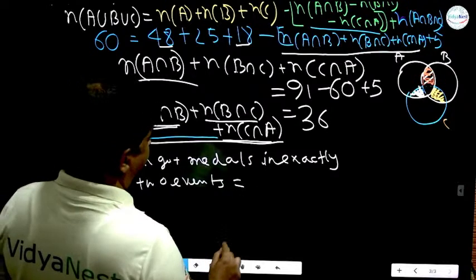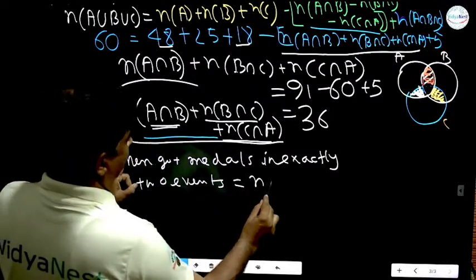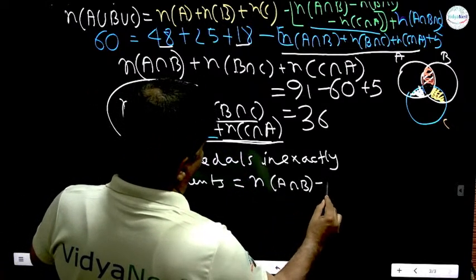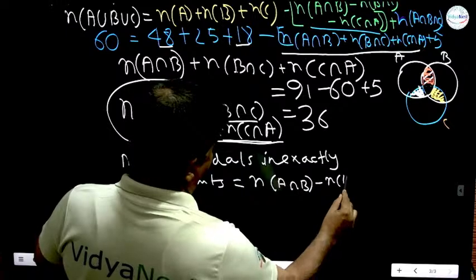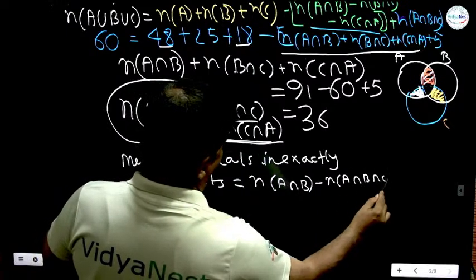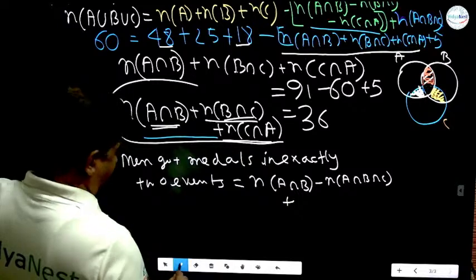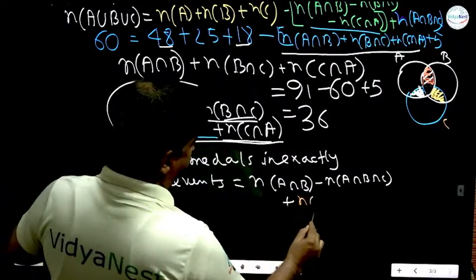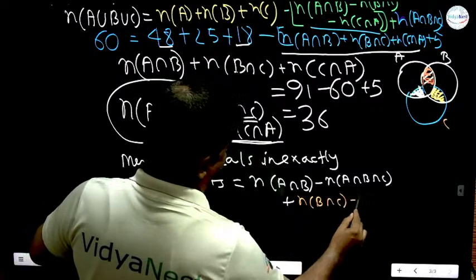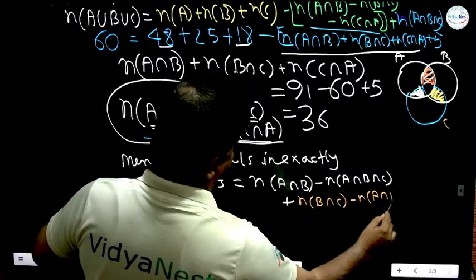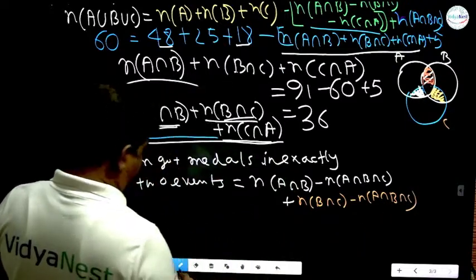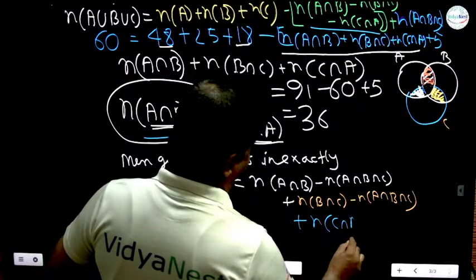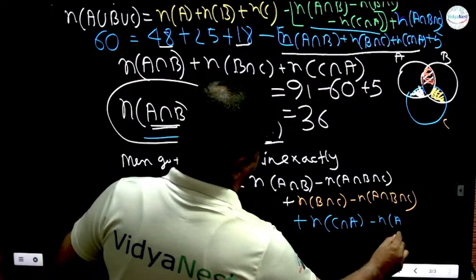That is, in A intersection B minus this, plus in B intersection C minus this, and in C intersection A minus this.